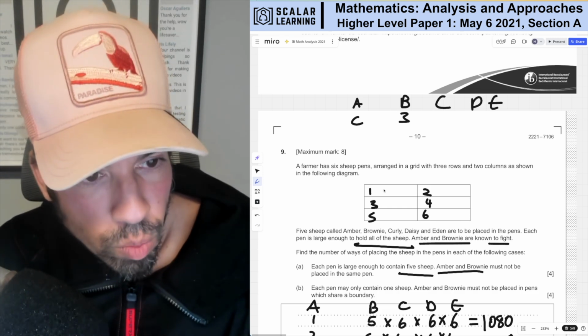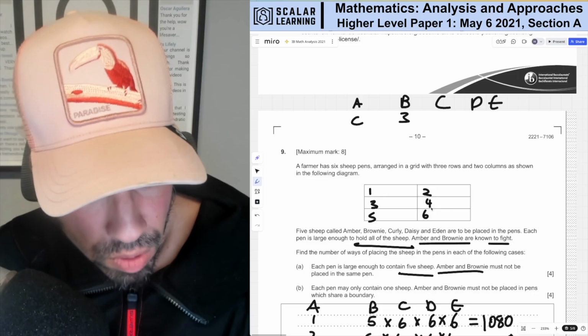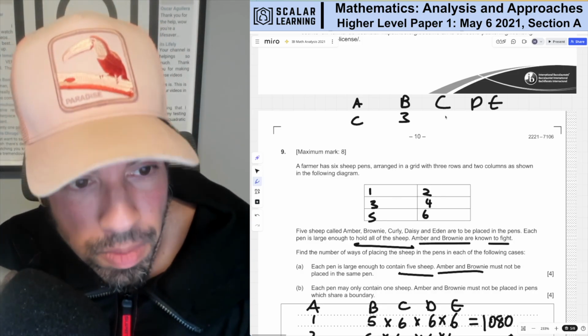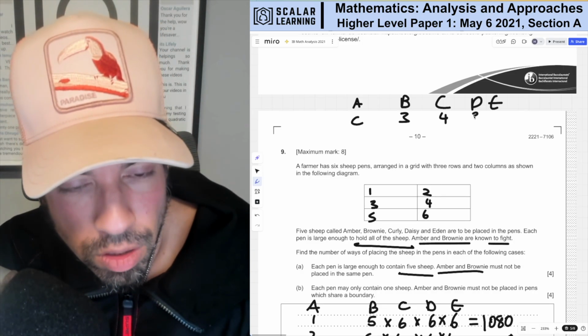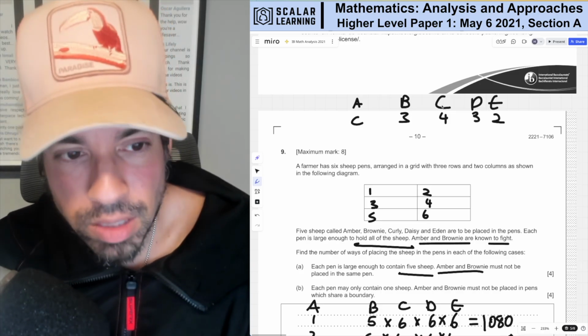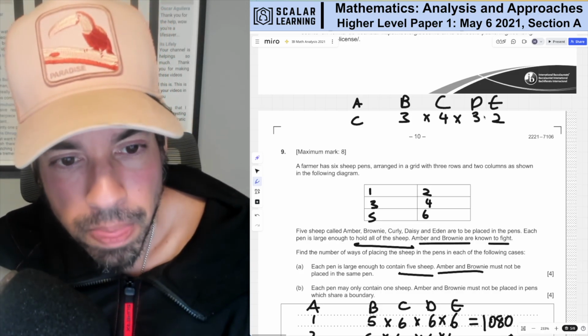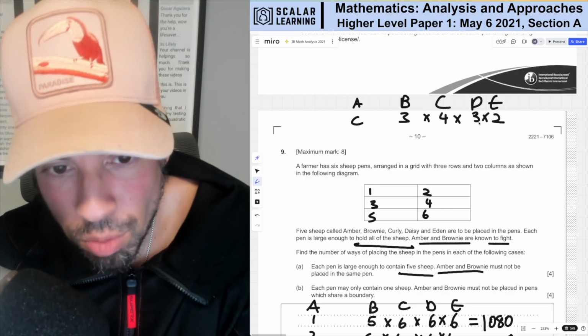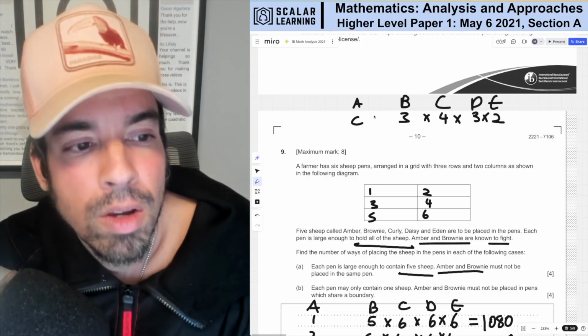Okay, so Amber's in 1. Brownie has 3 options. But then once we've assigned Brownie, the rest of them have 4 options, 3 options, and 2 options. And why do we count down like this? It's because once we've assigned C to one of the remaining 4, then there's only 3 left, and there's only 2 left, etc.